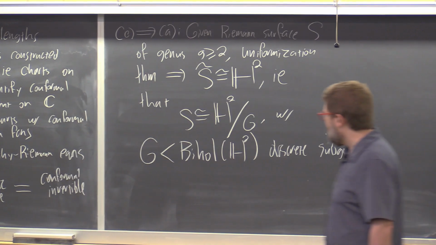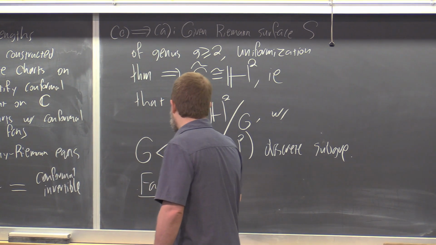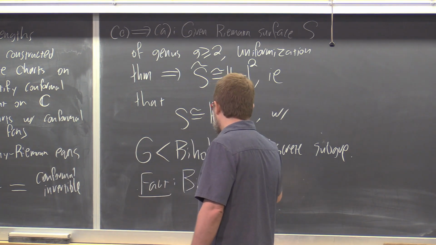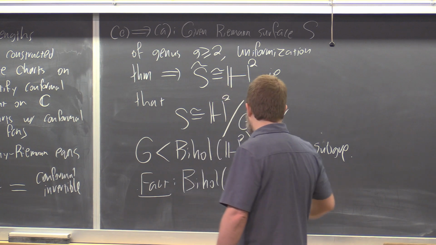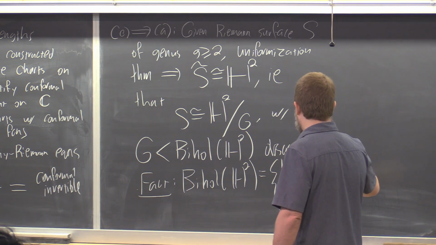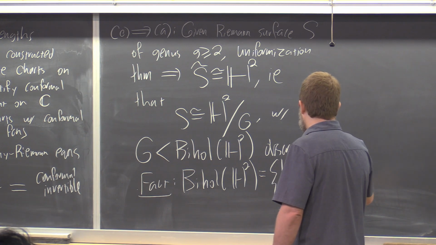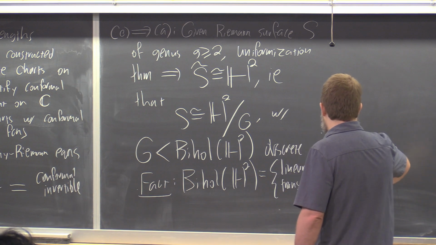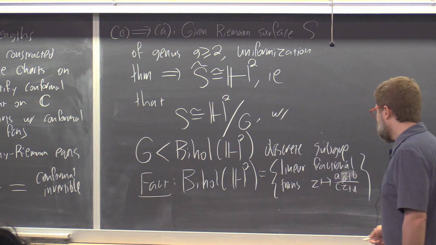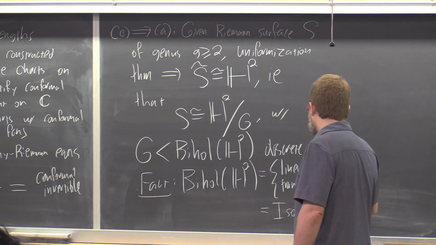And now we come to the basic fact that you use, Schwarz's lemma or something like that: the group of biholomorphisms of H2 is exactly the group of linear fractional transformations, z goes to (az plus b) over (cz plus d), which is also the same as the group of hyperbolic isometries.